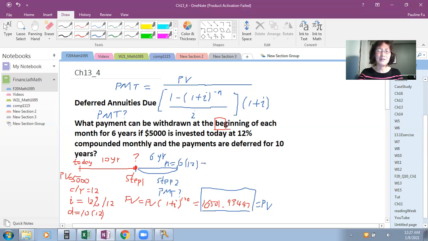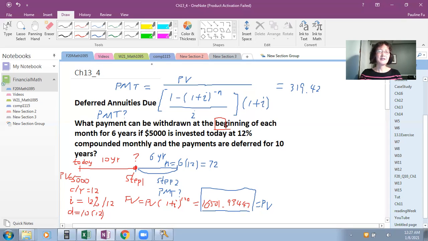N equal to 72. I is 1%. PV is this number. Okay, and you can get this PMT, $319.42. Okay, so that is the formula method to figure out PMT.